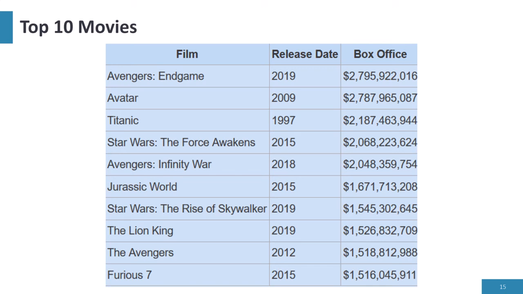Star Wars The Force Awakens, that's Disney. Avengers Infinity War, Disney. Jurassic World is owned by Universal. Star Wars Rise of Skywalker, Disney. The Lion King, Disney. The Avengers, Disney. And Furious 7, that's Universal.